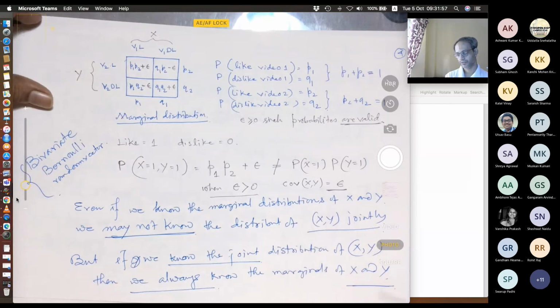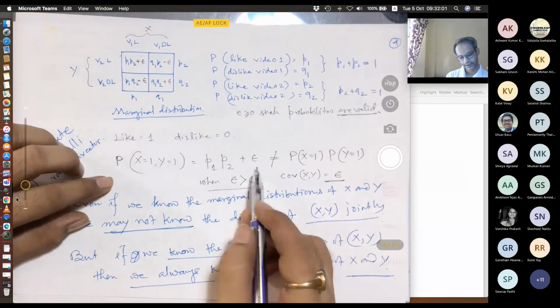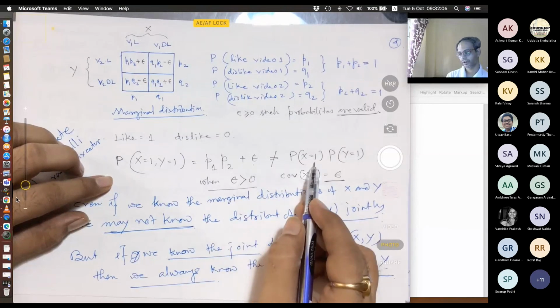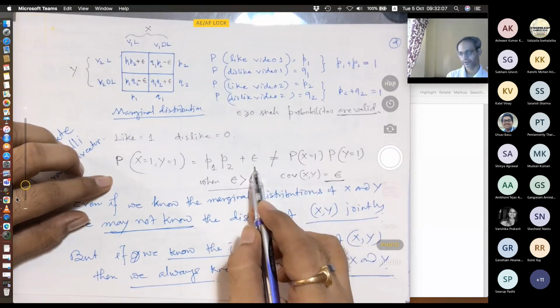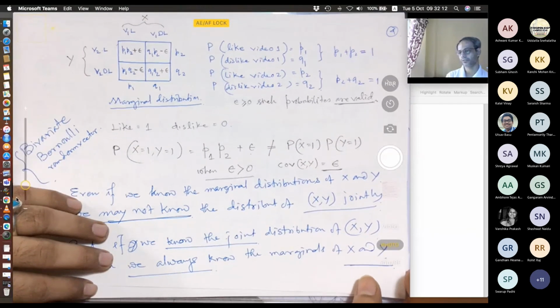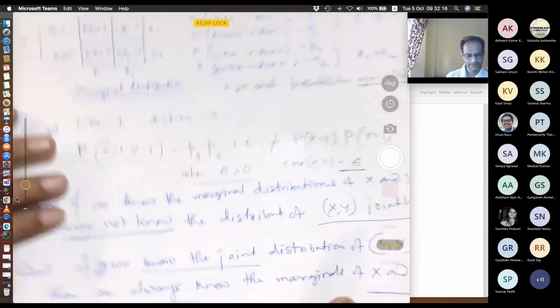Independence is implied. Is it okay? If epsilon is 0, this equality will hold. If epsilon is not 0, this equality will not hold. Epsilon equals 0 means covariance 0, and here covariance 0 implies independence. So this is one example.